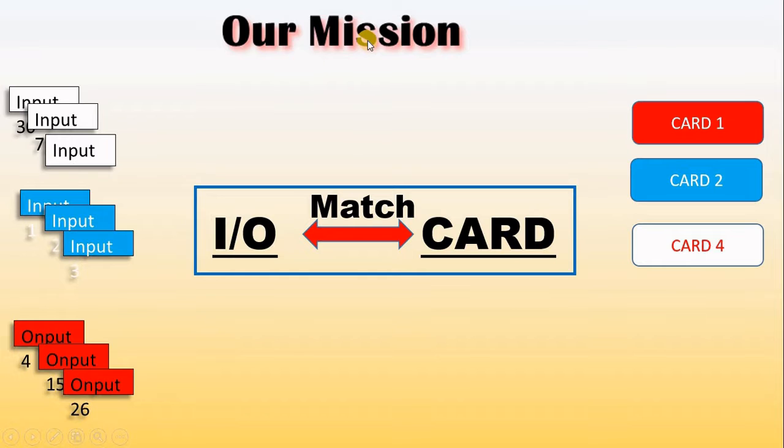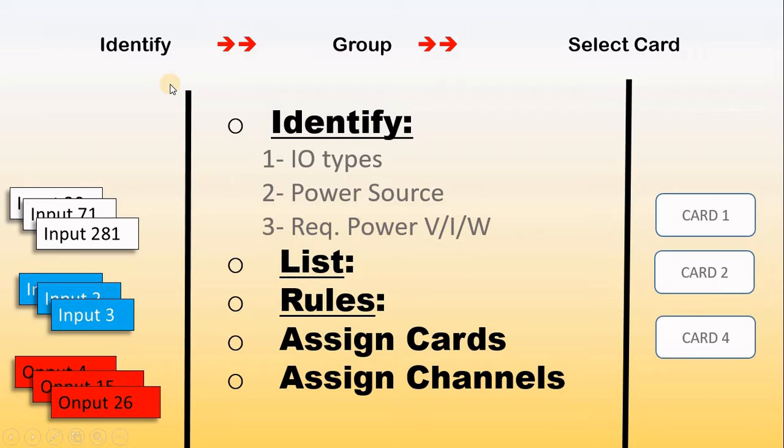So what is our mission today? First is to identify the input output and identify the cards. Identifying the input output comes from knowing which type you are talking about, the power supply, and the required power for each one of those I/O. Then we put them into a list, and from this list we group them based on the rules and instructions we have.